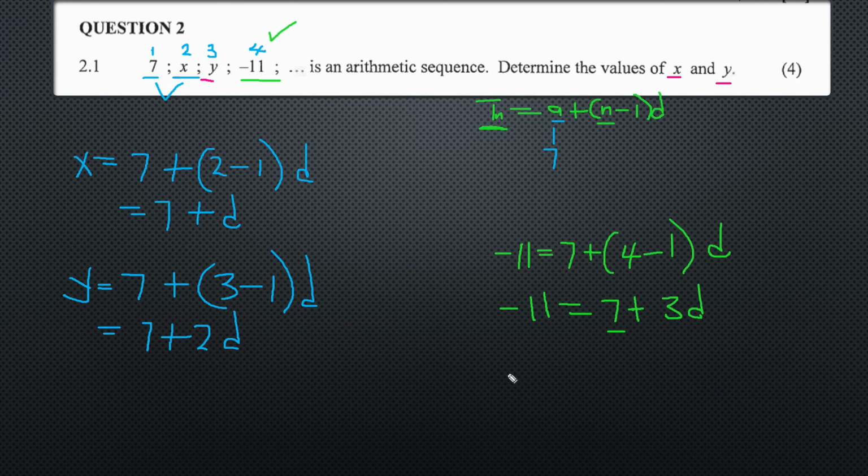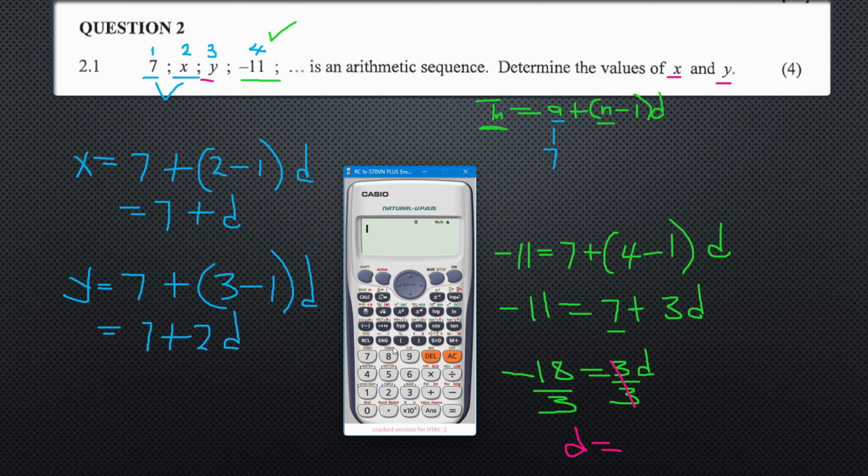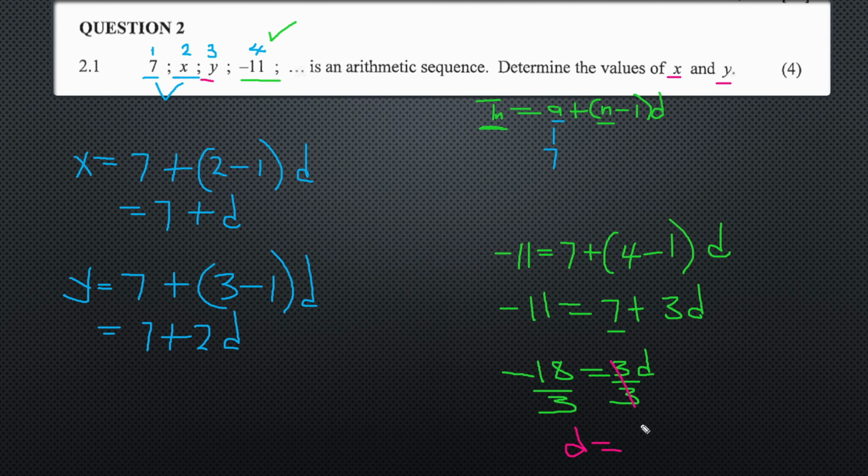I'm going to take 7 to the other side, so I have negative 18 equals 3d. Then divide by 3 on both sides. Now d equals negative 18 divided by 3, which is negative 6.